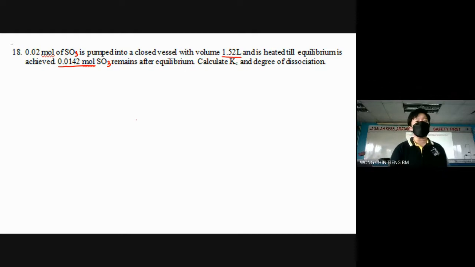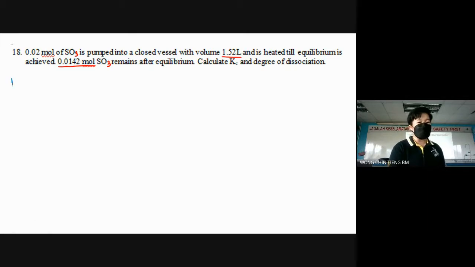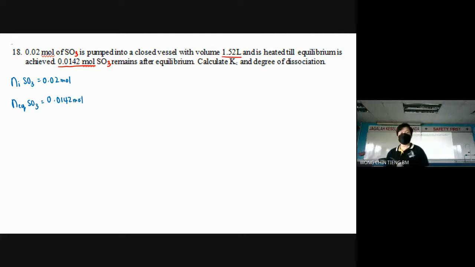Benda yang sama, lebih kurang sama tapi slightly better sebab dia bagi dua-dua dalam number of mole. So saya ada number of mole initial of SO3 which is 0.02 mole. And then saya ada number of mole equilibrium untuk SO3 juga tapi 0.0142 mole. Betul? Soalan tanya Kc. So another problem adalah dia tak ada chemical equation.